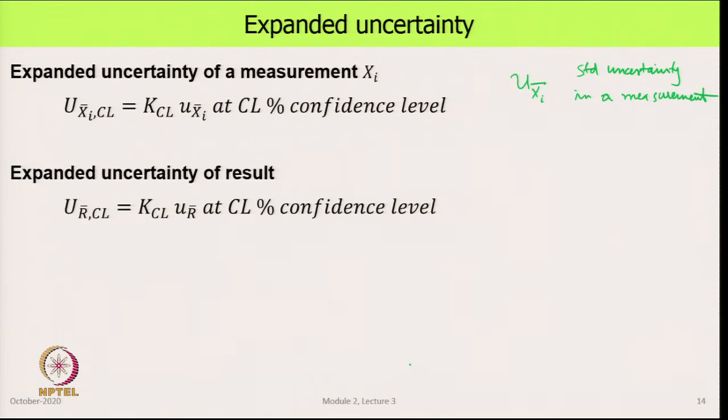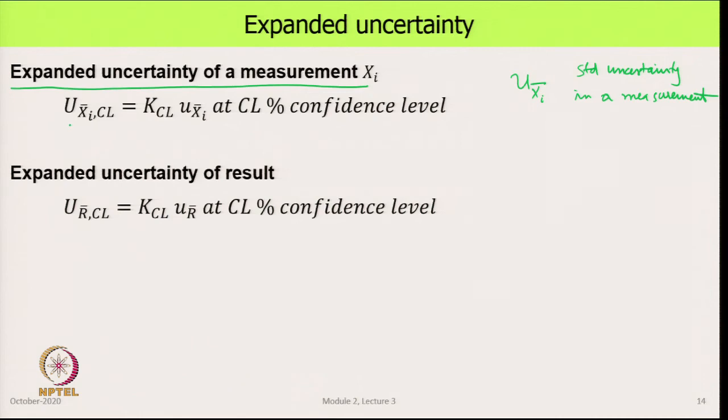That gives us some idea, but it is not the final answer. But we are very close to the final answer now, because what we are going to report as a result, or use in a plot, or make a correlation, or use for hypothesis testing, is what is called the expanded uncertainty of a measurement Xi.